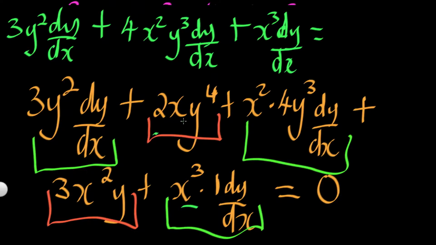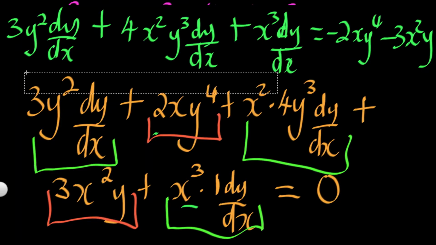Now this one is going to the left hand side. It is positive here, it's going to be minus, so it is minus 2x y to the power of 4. This is also going to the right hand side, so it's going to be negative 3x squared y. I have just rearranged.